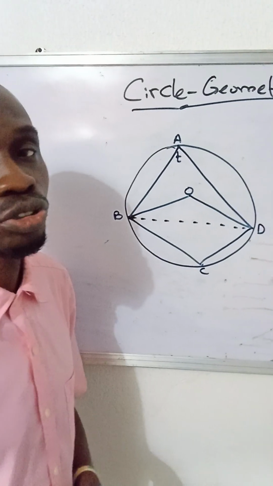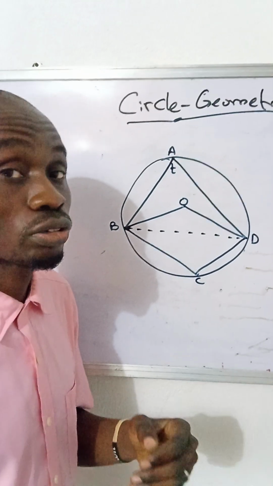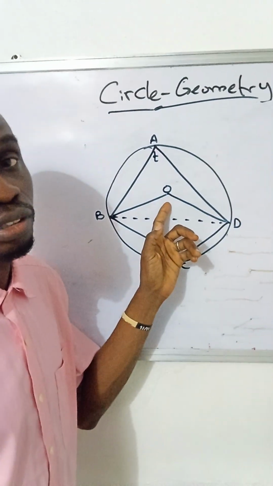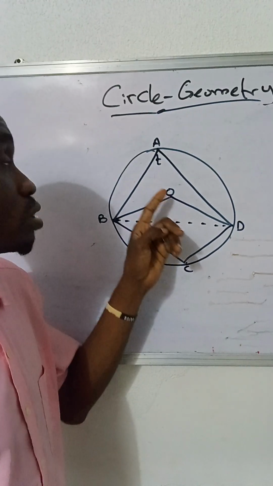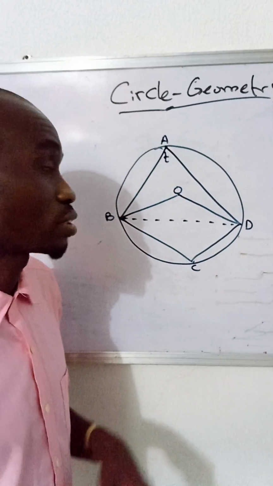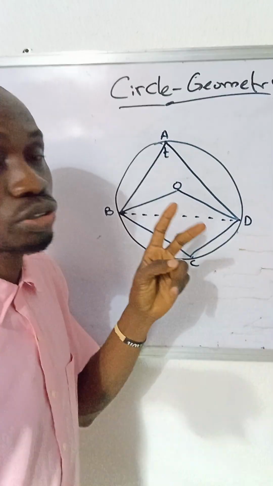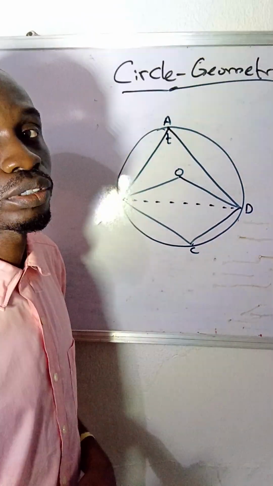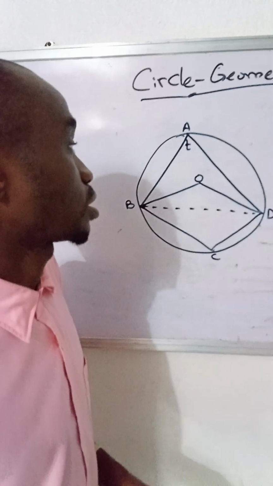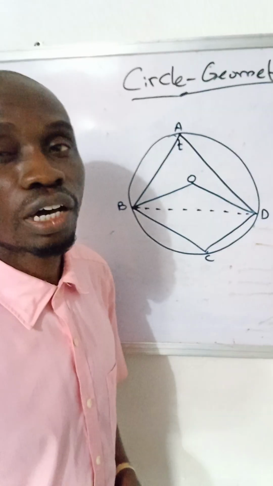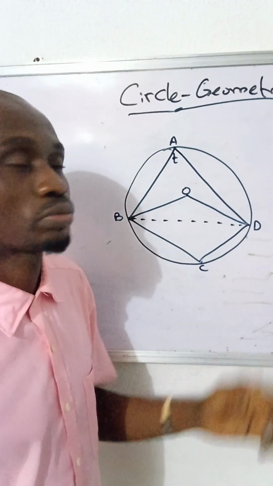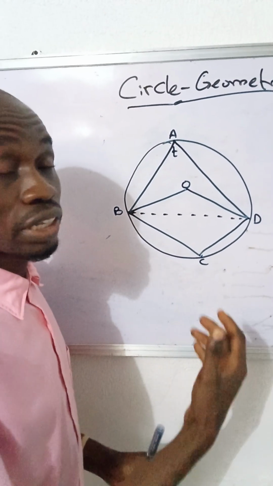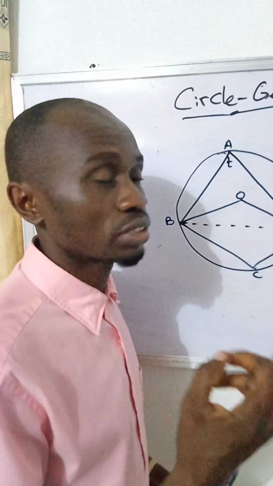There is one theorem which is always the most popular, the one I call the beginner theorem. It says that the angle at the center is twice the angle at the circumference, right? So now we're looking at how we can put this theorem to work.